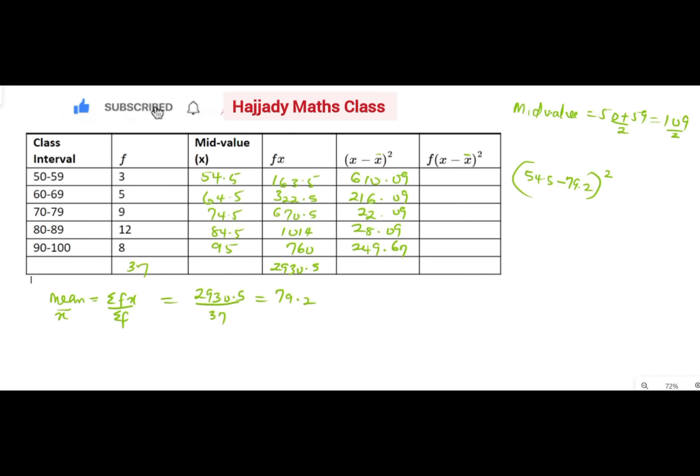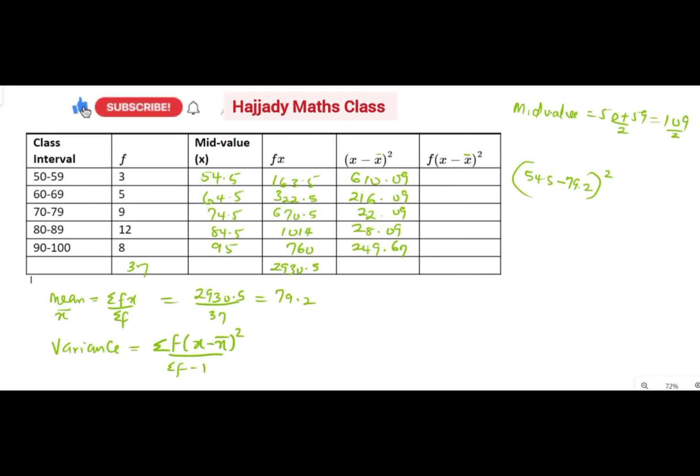And the reason why I'm doing this, from the formula of calculating my variance, from our previous video, I gave you the formula for variance, which is summation f into bracket x minus x bar all squared over n minus 1, or you can say summation f minus 1, either way.